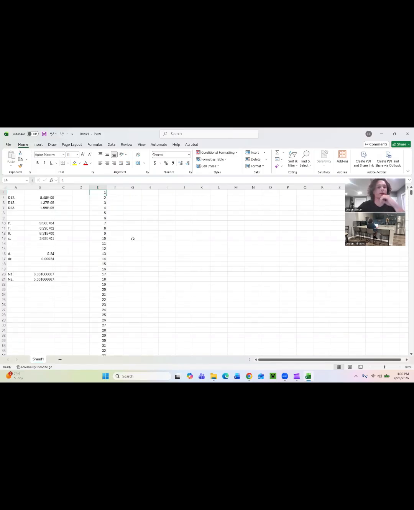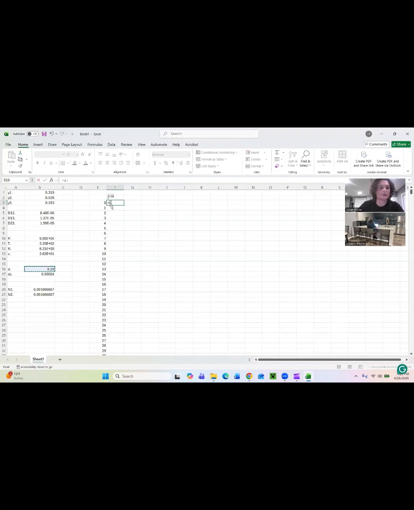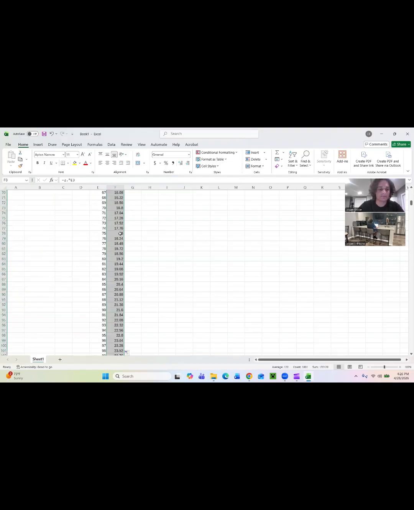Okay, and so that goes all the way down. And here is going to be our z multiplied by our step, right? And we can send that all the way down.